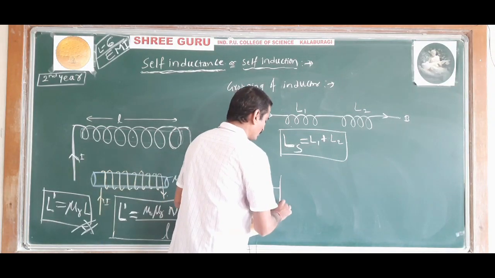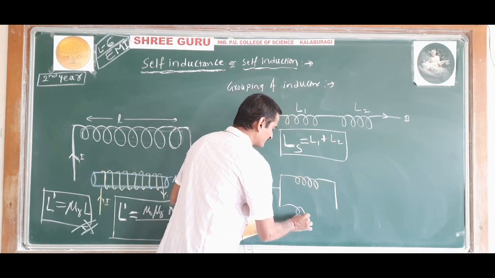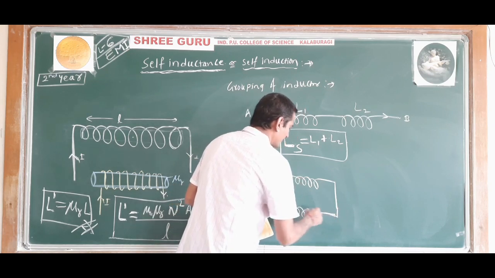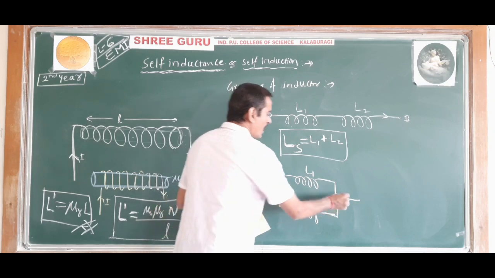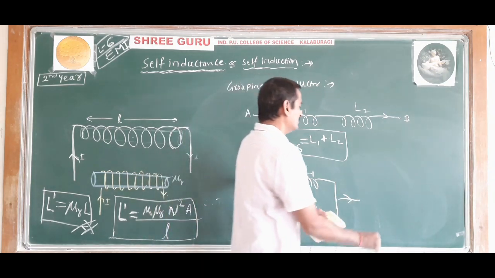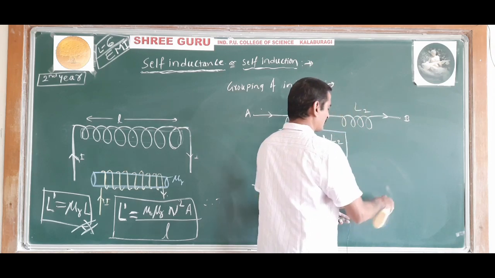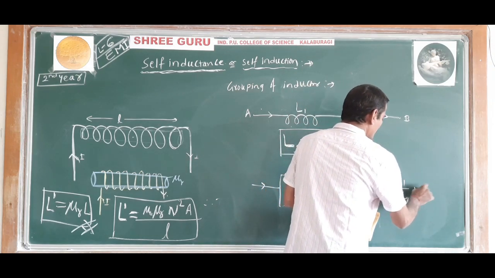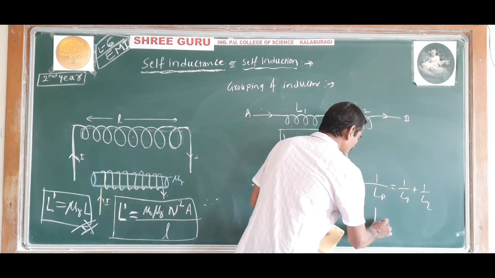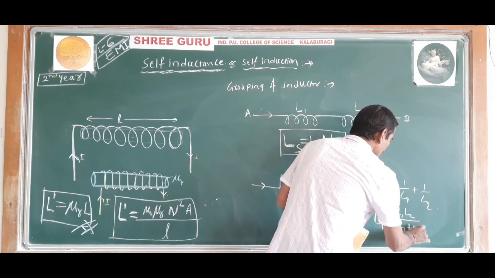Now, if two coils of inductance L1 and L2 are connected in parallel, then the effective self-inductance is given by 1 by Lp is equal to 1 by L1 plus 1 by L2, or Lp is equal to L1 L2 divided by L1 plus L2.